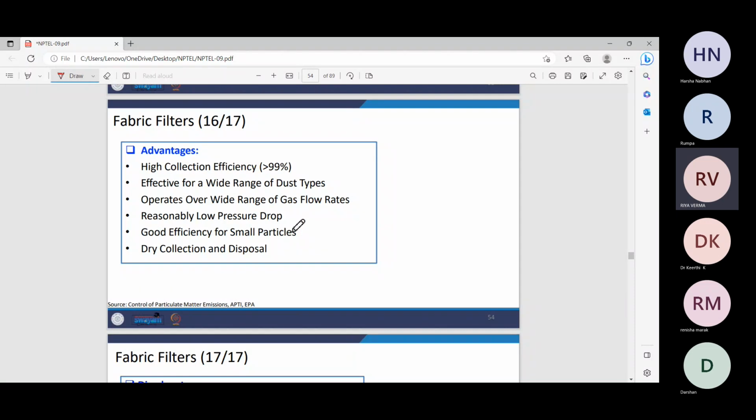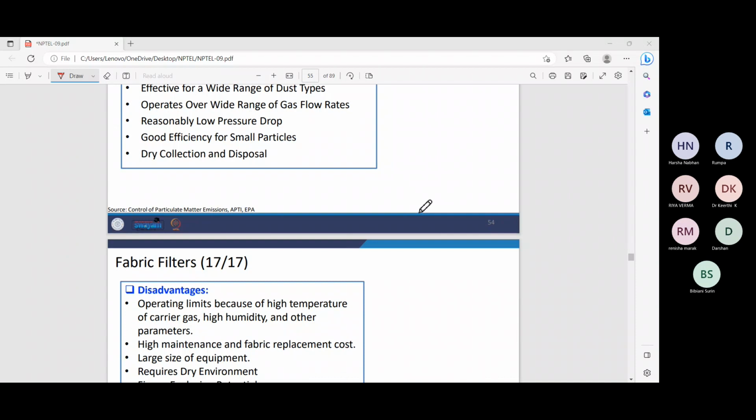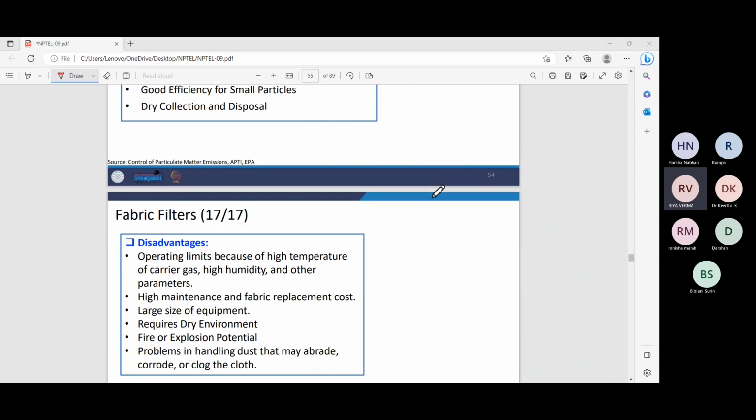And it has a good efficiency for smaller size of particles. Then we have the dry collection and disposal. The dust that is collected in the hopper is dry, so we can easily dispose of it. So what are the disadvantages of these fabric filters?